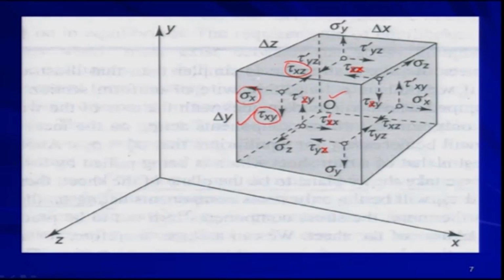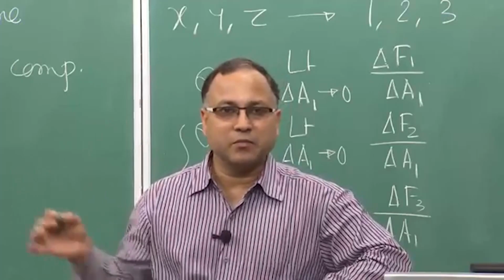Similarly, this plane is my negative y plane. On that plane you have sigma y, tau yx and tau yz, and likewise all the stress components are acting on the respective planes.